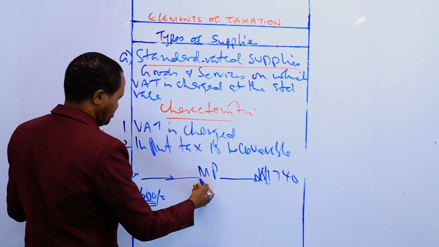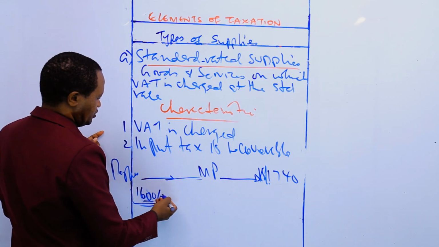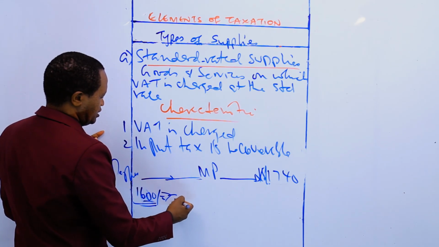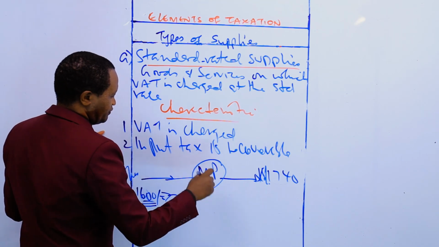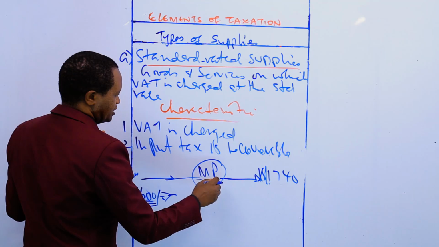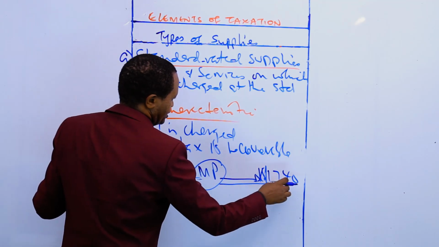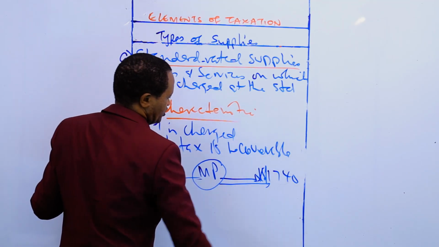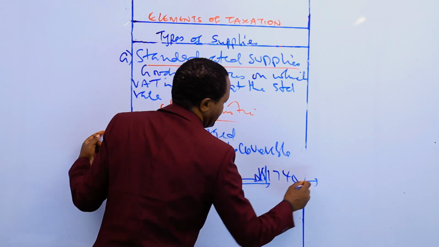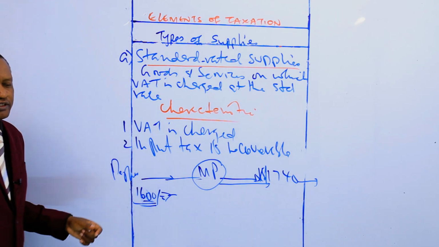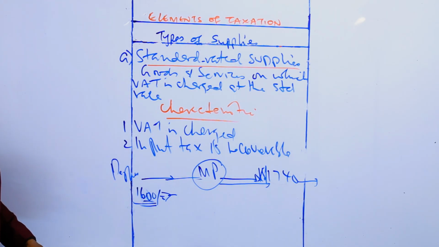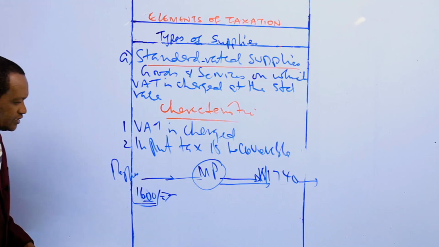So here the manufacturer paid VAT on these input supplies. Then that VAT of 16% the manufacturer has to recover from the final consumer. It is the final consumer who finally pays the VAT. That's why VAT is sometimes referred to as a consumer tax.